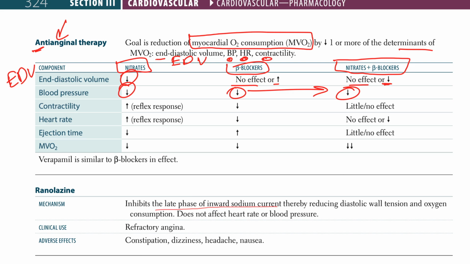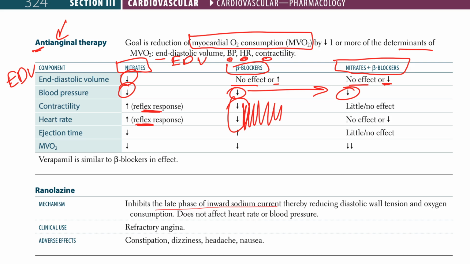Contractility: there is a reflex increase with nitrates, but there is no reflex with beta blockers, so they are beneficial. Nitrates will cause reflex contractility and reflex tachycardia, which is heart rate.